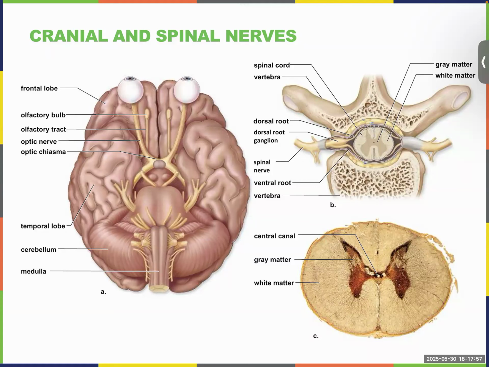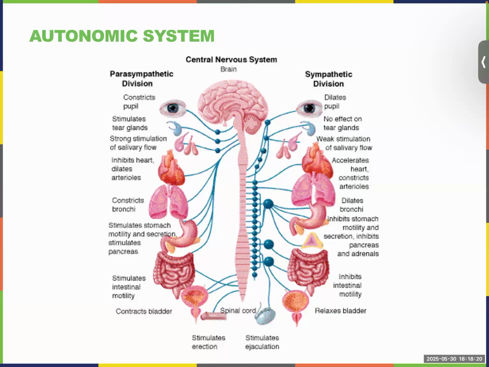Then this is talking about the autonomic system, which is not usually under your consciousness. They're showing you the central nervous system, which includes the brain and spinal column in the middle, and then it talks about parasympathetic, which is supposed to be calming, and sympathetic, which is supposed to be more arousing. They give you examples here of how parasympathetic is calming.